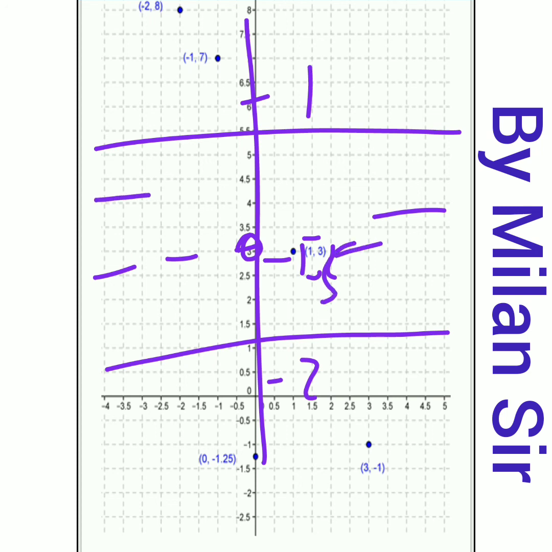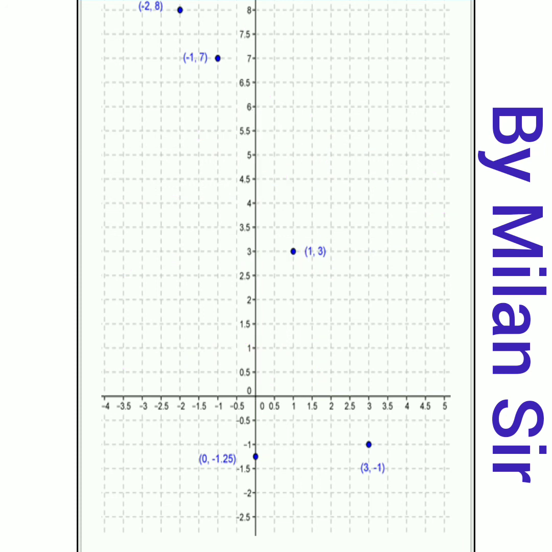Now again if you take the midpoint, the answer is minus 1.25, the exact midpoint of minus 1 and minus 1.5. So now draw one horizontal line from minus 1.25.